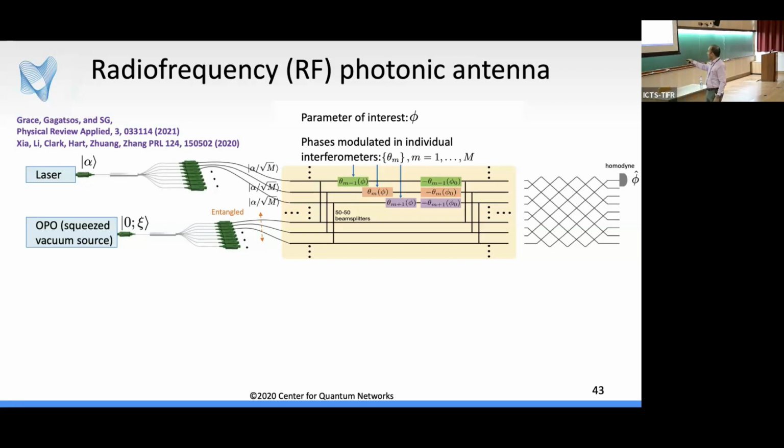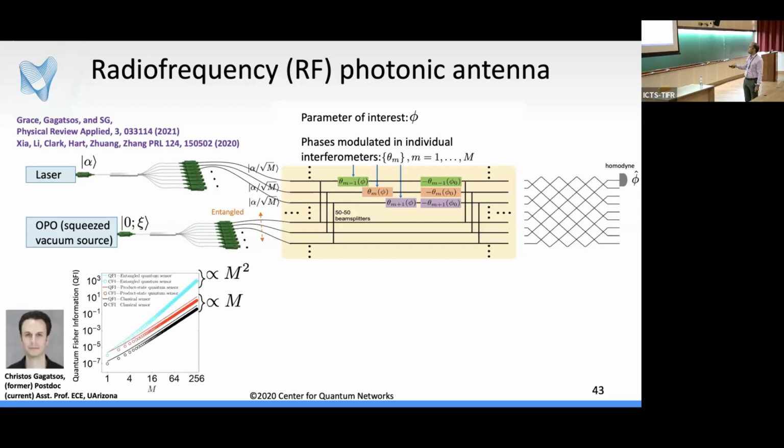So if I put that entangled state into this, then suddenly, with a linear optical interferometry after this and a homodyne detection to estimate the phi, which is the parameter that I actually care about, not the thetas, you can get a huge potential improvement in the sense that the quantum Fisher information as a function of the number of sensors can grow as m squared as opposed to m in the lossless case. Just as usual, if there is loss, it will still scale as m, but there can be a constant factor improvement.